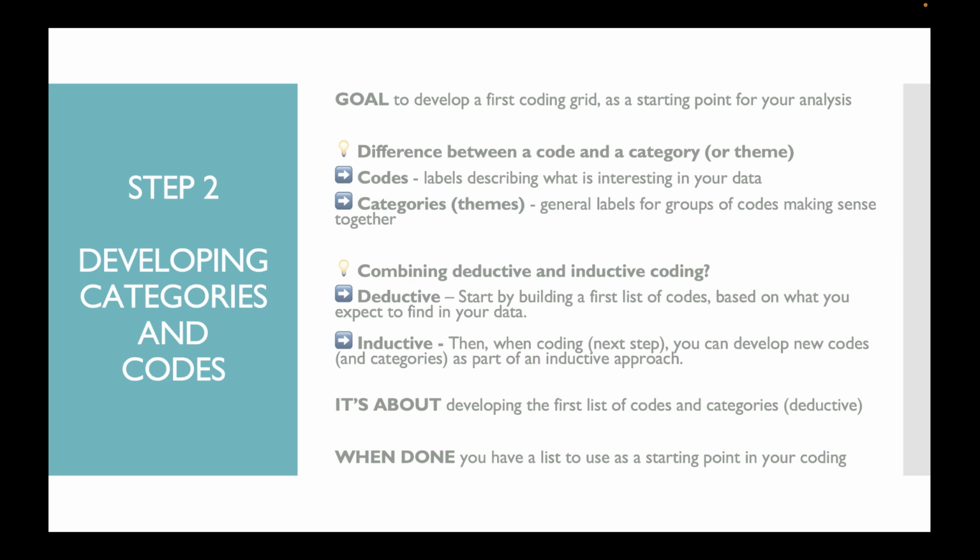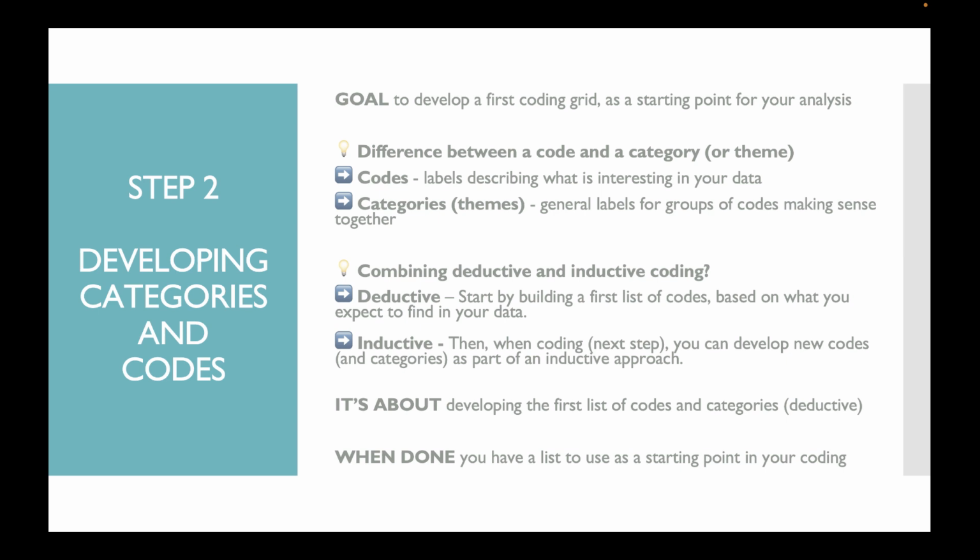It's pretty much the same thing. But the difference between codes and categories can be a bit confusing because in software like MaxQda, the categories and the codes look the same. So just remember that a code is like a label you stick on an extract of your data, and a category is like a big label for a group of codes that make sense together.